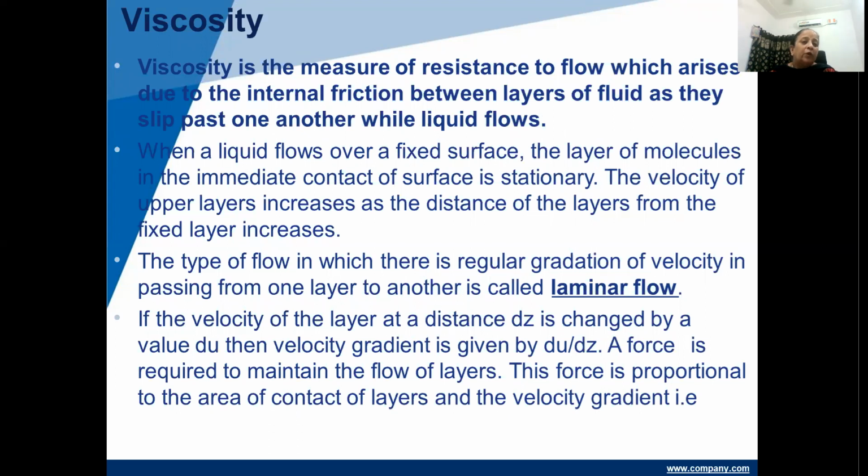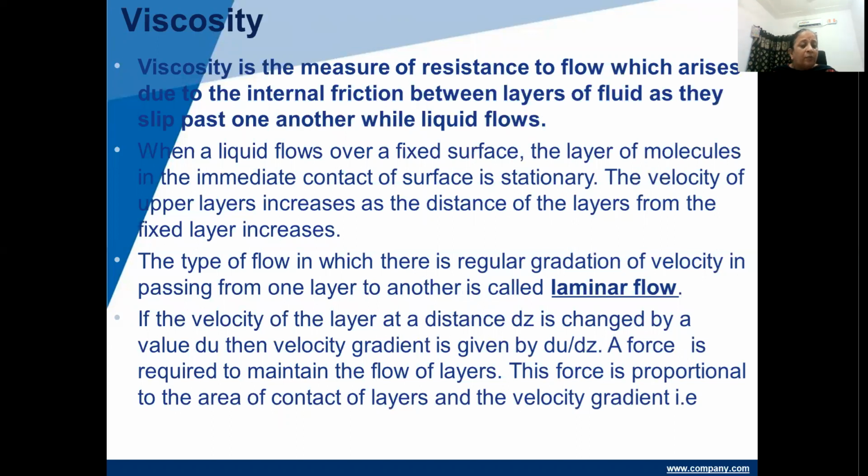Next property of liquids which depends upon intermolecular forces is viscosity. Viscosity is the measure of resistance to flow which arises due to internal friction between layers of fluid as they slip past one another while liquid flows. When a liquid flows over a fixed surface, the layer of molecules in immediate contact of the surface is stationary.